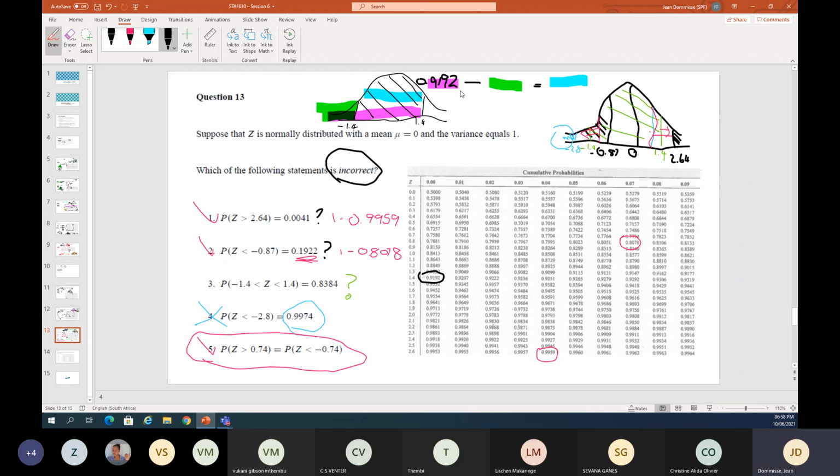On your negative table, minus 1.4 will be 0.0808. So if I say 0.9192 minus 0.0808, I get the answer of 0.8384, which is then correct.